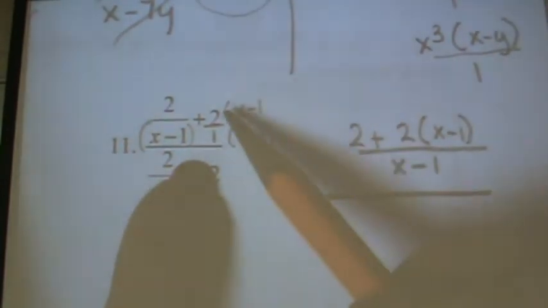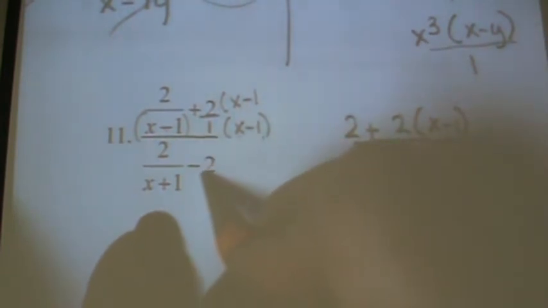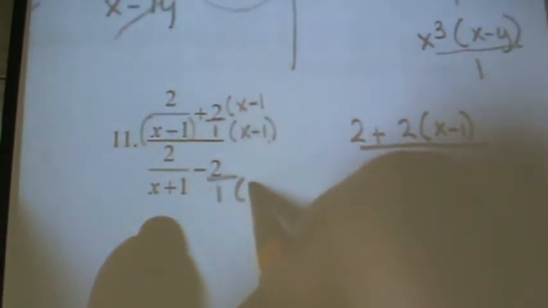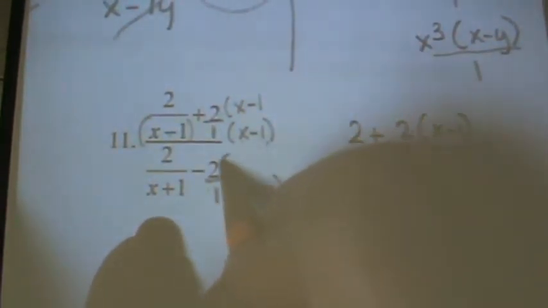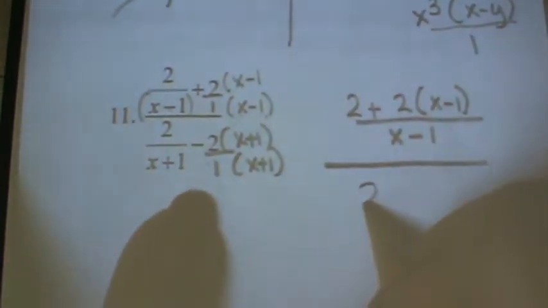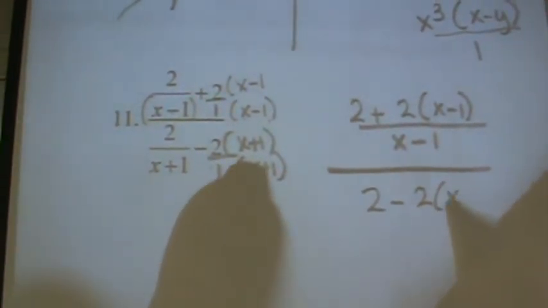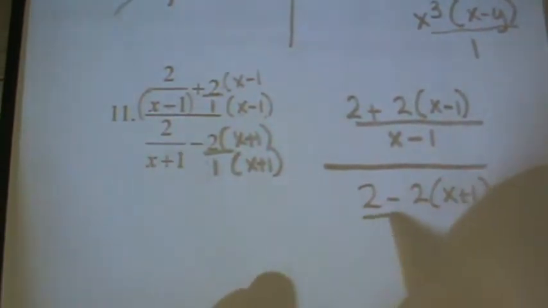So I multiplied this and this by x minus 1. And x plus 1 on the other one? Yep. You're gonna multiply by x plus 1. So you have 2 minus 2 times x plus 1 over x plus 1.